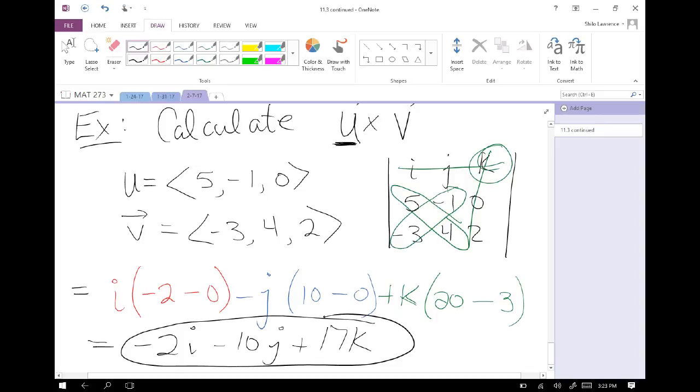In other words, you could write it in brackets also: -2, -10, 17. So let's say that I came out to be 0. Do you have to put 0i or just? You could if you wanted to.